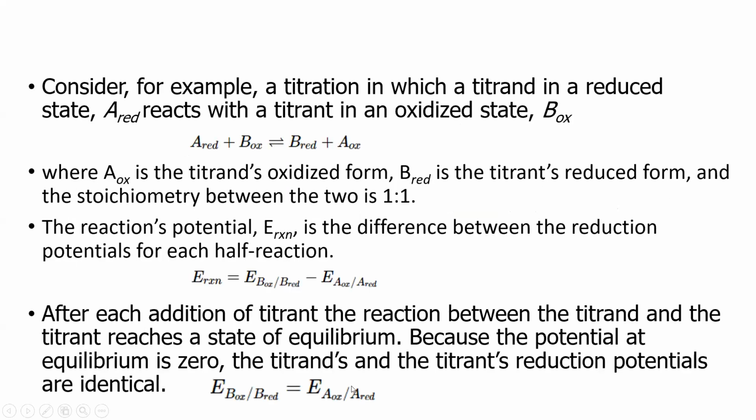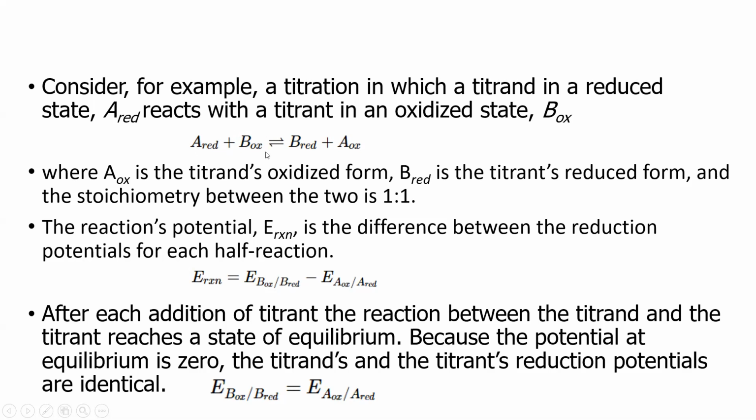So let's look at a titration between a titrant which is reducing and another titrant that is oxidizing. A is the reducing agent and becomes oxidized. B is the oxidizing agent and it becomes reduced. So let's say this is our iron.